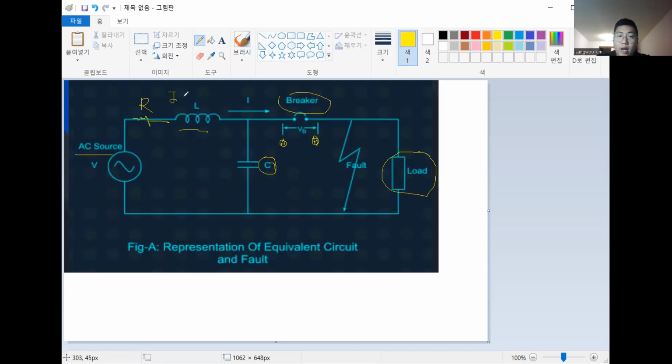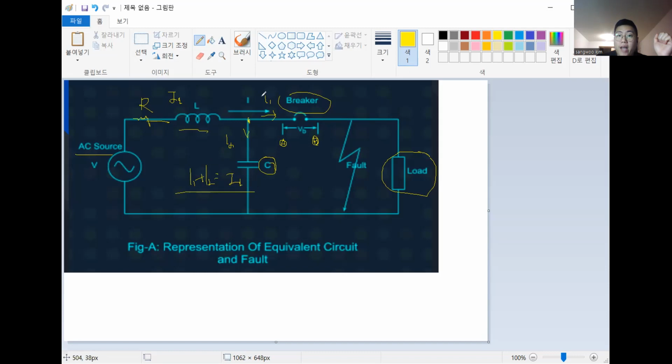here's I total, I will say, IL, but this is I1, this is I2, right? If we remember Kirchhoff's law, at this point I1 plus I2 equals IL, right?